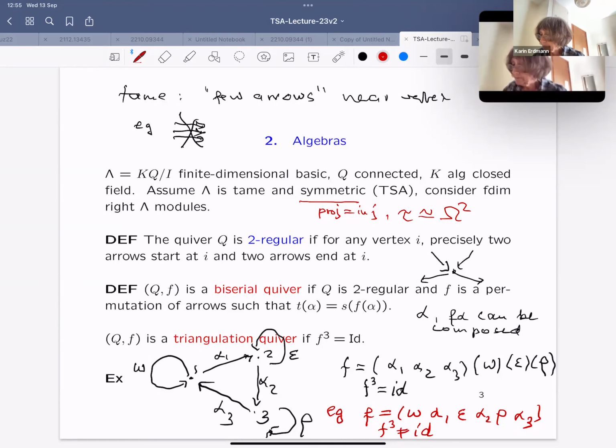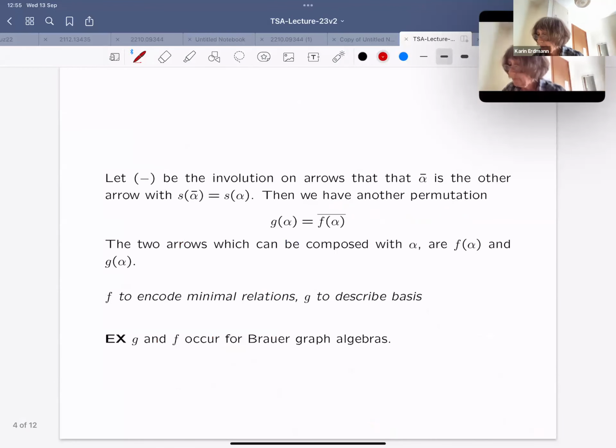And so, if you have this quiver, you always have 2 arrows from each vertex.